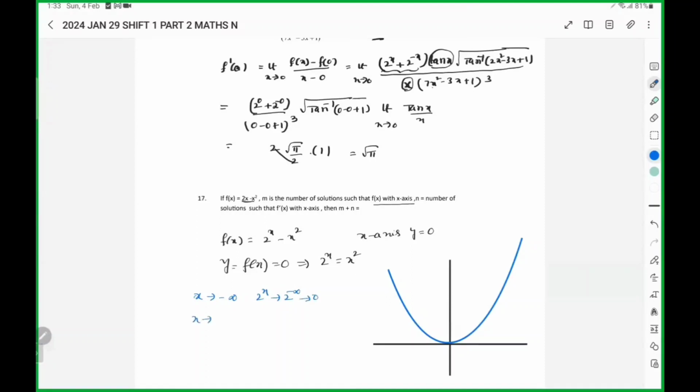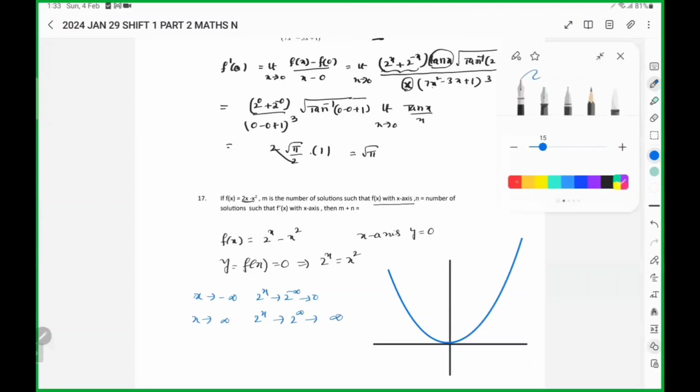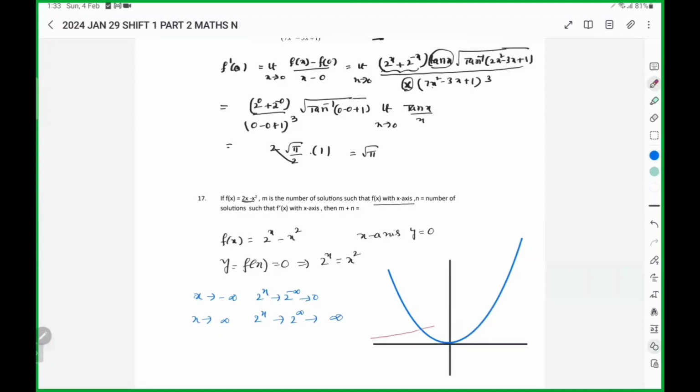As x is plus infinity, 2 power infinity, so the graph slowly increases like this. Now on the left side of 0, it started increasing. It has only one point of intersection.